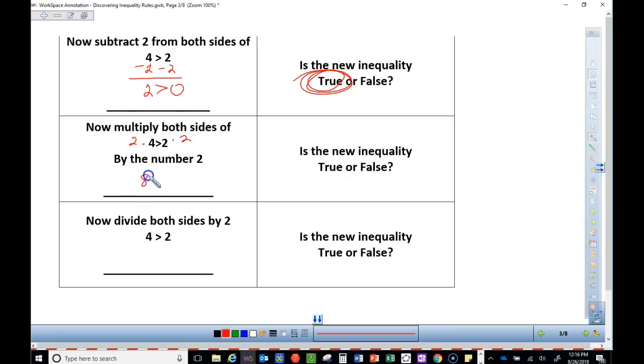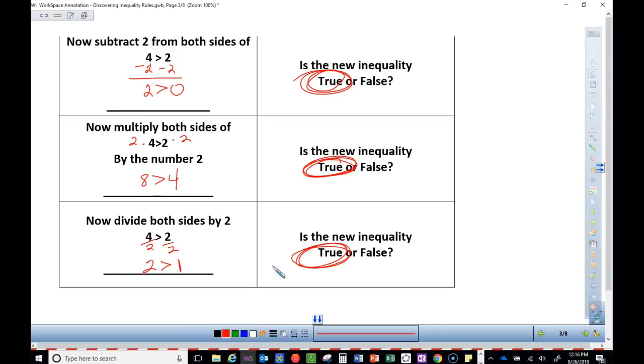We would get 8 is greater than 4. Still true. So we can multiply both sides, just like we did with equations. Now we'll divide both sides. So 4 divided by 2 is 2, and 2 is greater than 1. Still true. All right, so we've added, subtracted, multiplied, and divided.